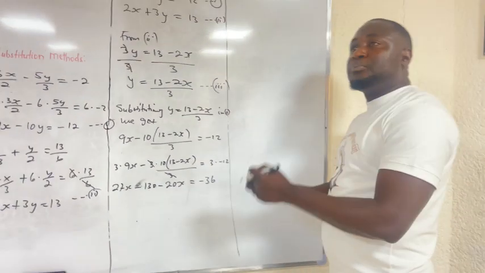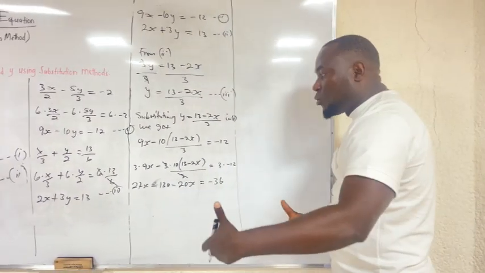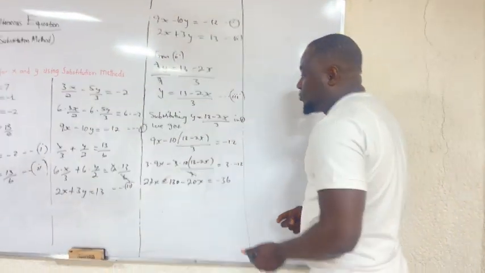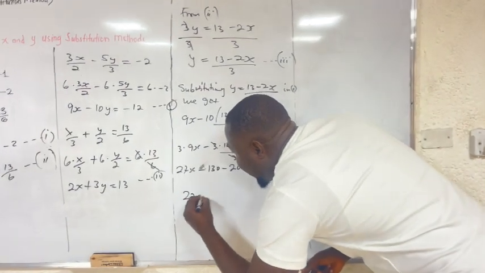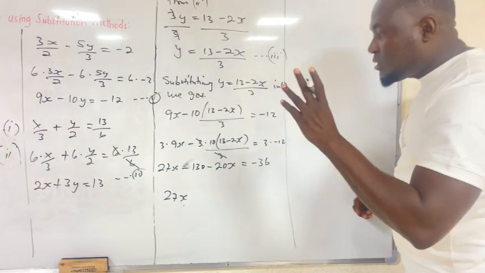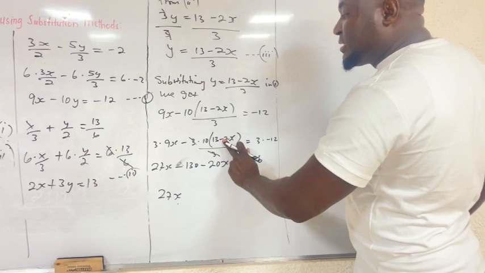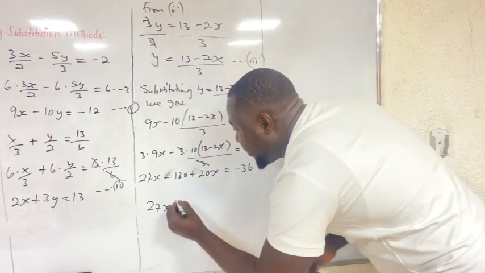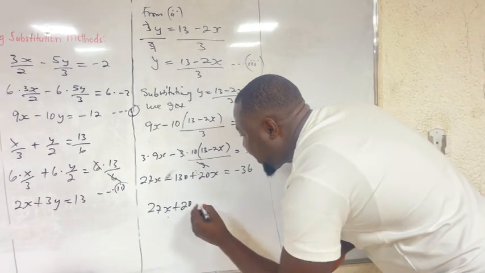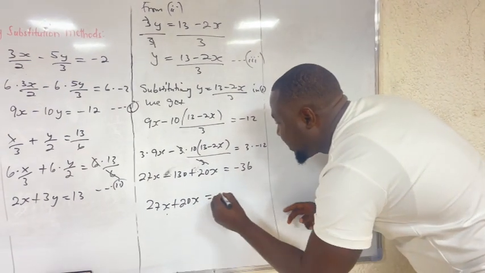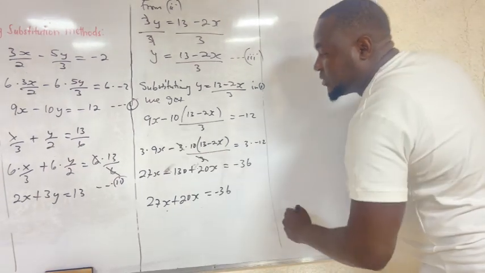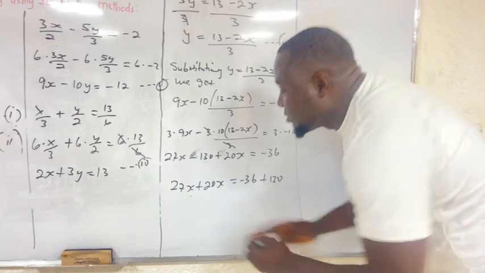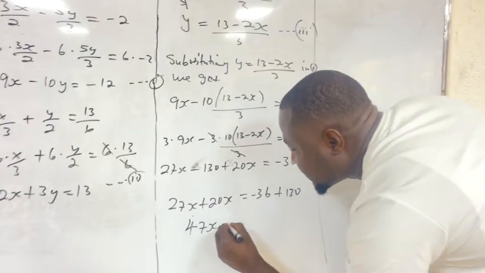Now we are to collect the like terms. Like terms mean we are to put the numbers that have x attached to one part and we transfer the other numbers without any variable. That is 27x. But mind you, sorry, negative and negative here will give us positive. So therefore we remain with 20x is equal to negative 36. When we send this over, it gives us positive 130. So this and this will give us 47x is equal.